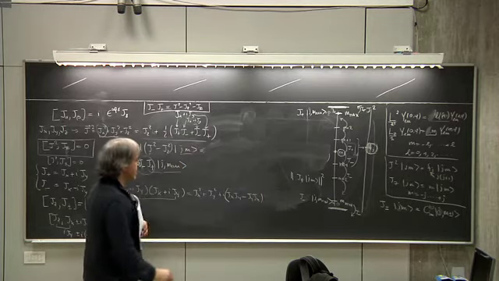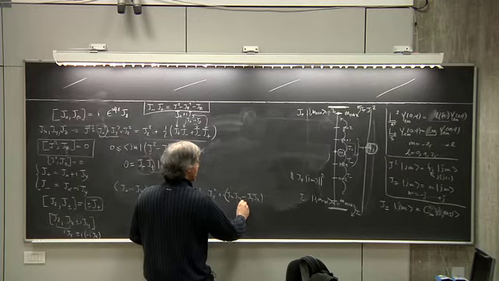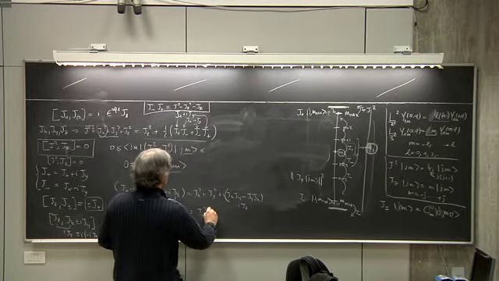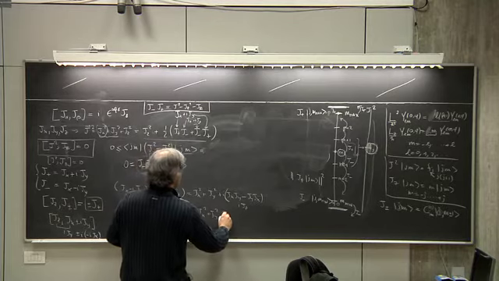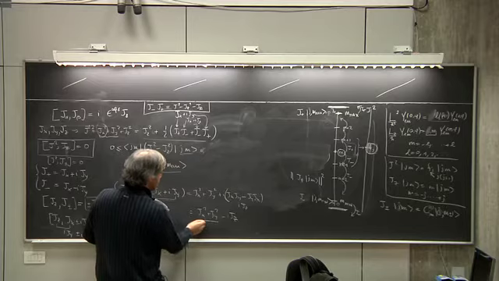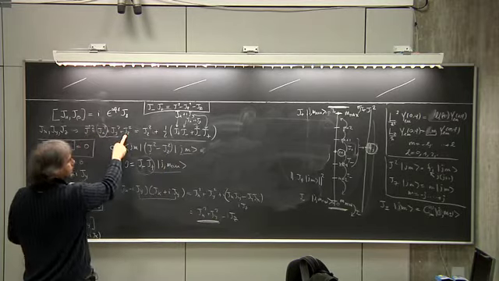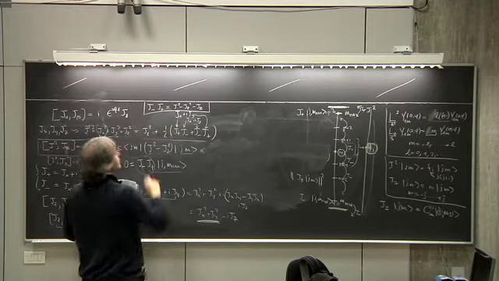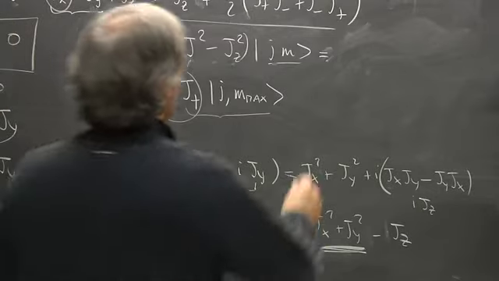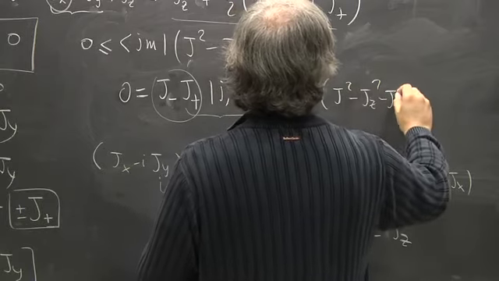But this is nothing but the commutator of jx and jy, and therefore it's i jz. So this is equal to jx squared plus jy squared minus jz. On the other hand, this, we read it from here, is just j squared minus jz squared. So you get this. Is this clear to everybody? Okay. Now, I substitute here, and I get j squared minus jz squared minus jz.